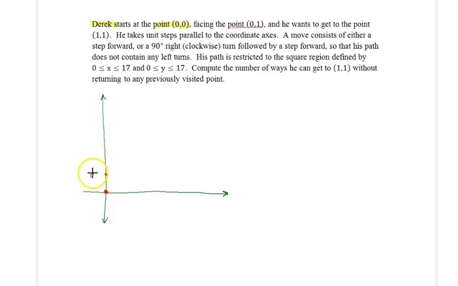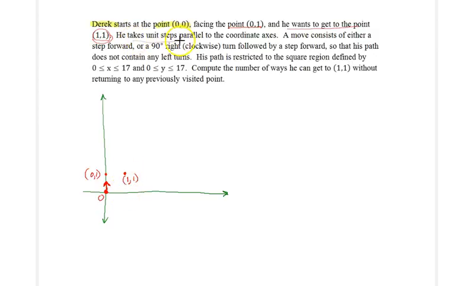This is the origin, and so we start by facing in this direction, and then we would like to get to the point (1, 1). So (1, 1) is somewhere here. This is the final destination point, which is (1, 1).